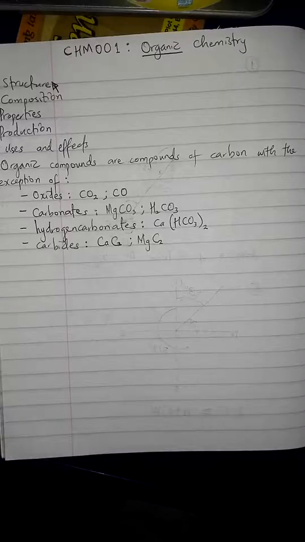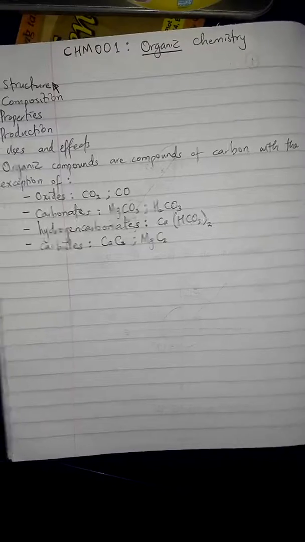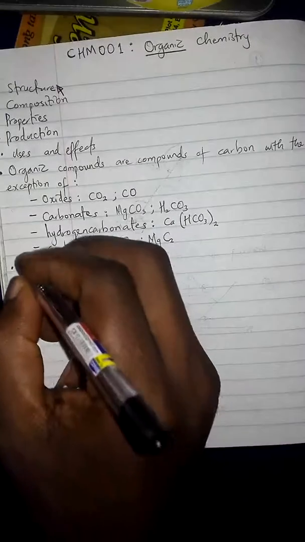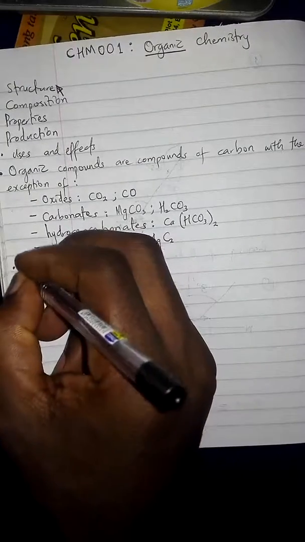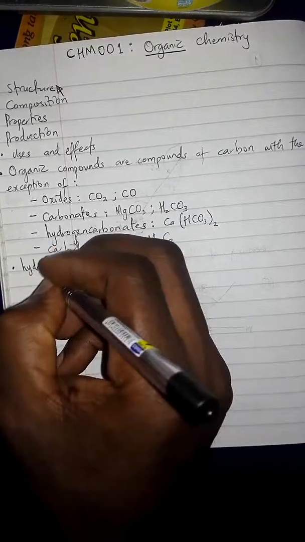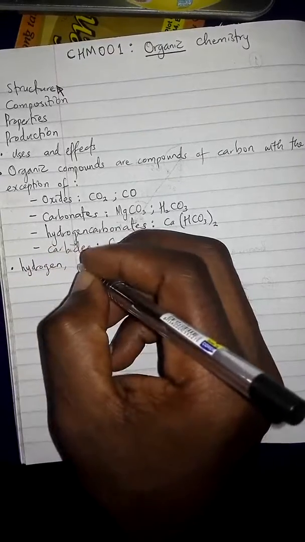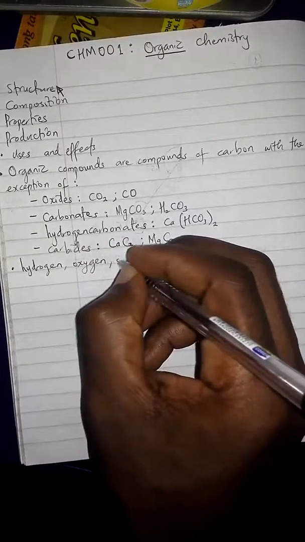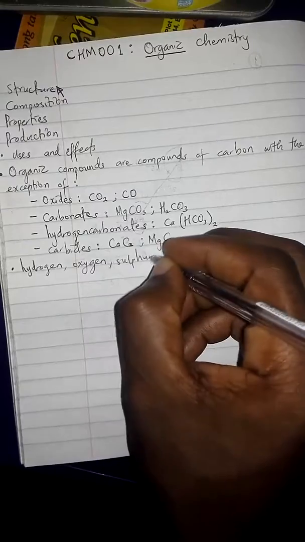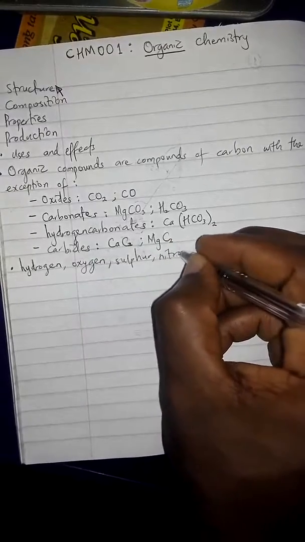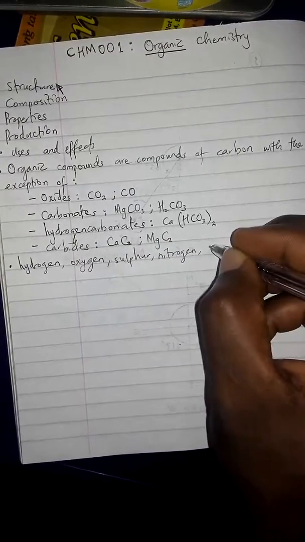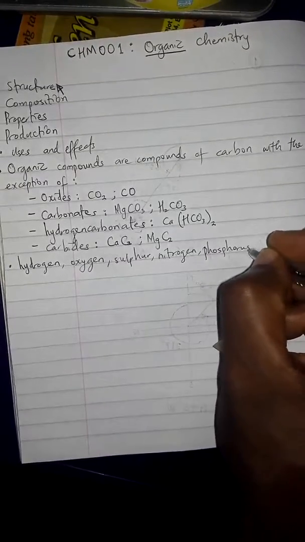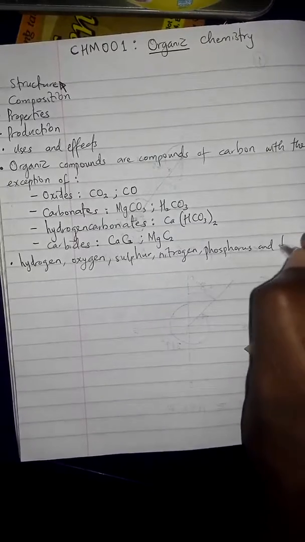So in organic compounds you're going to see carbon in different bonds with elements like hydrogen, oxygen, sulfur, nitrogen, phosphorus, and the halogens.